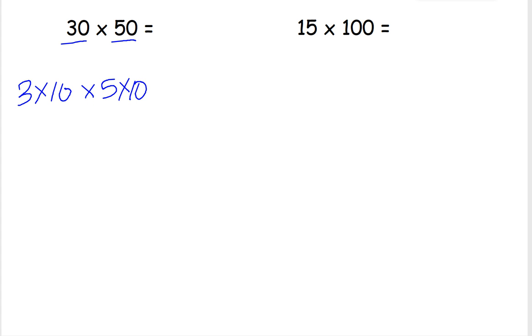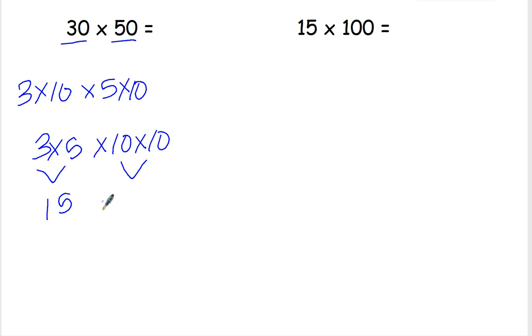So just like I can add numbers in any order, I can multiply numbers in any order. So I can do 3 times 5 and 10 times 10. So 3 times 5 is 15, and 10 times 10 is 100. So I have 15 groups of 100, and that equals 1,500.